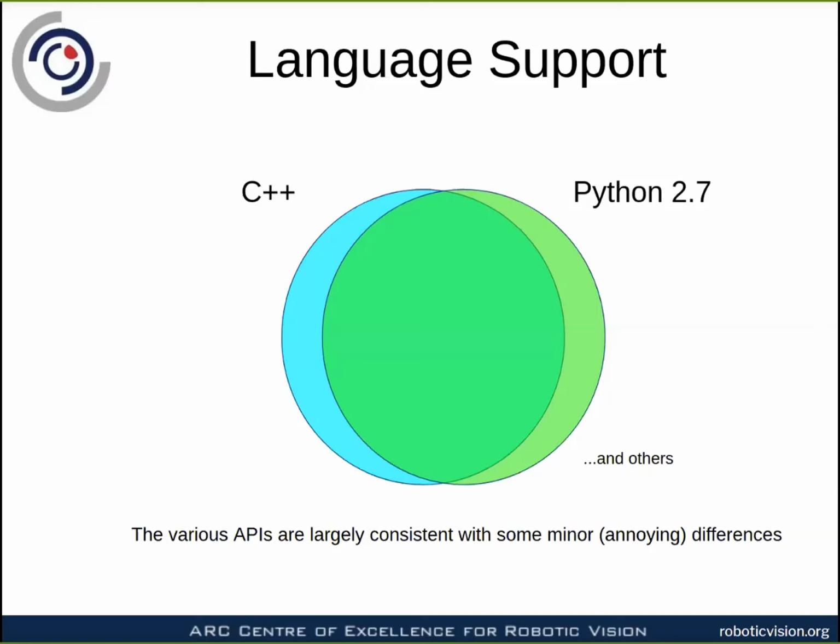But this does introduce some infuriating differences between the two, such as the fact that Python is inherently multi-threaded when you implement your subscribers, which I'll talk about later, whereas C++ is all done in a single thread. And so there's weird differences like that that make swapping between languages somewhat disconcerting.